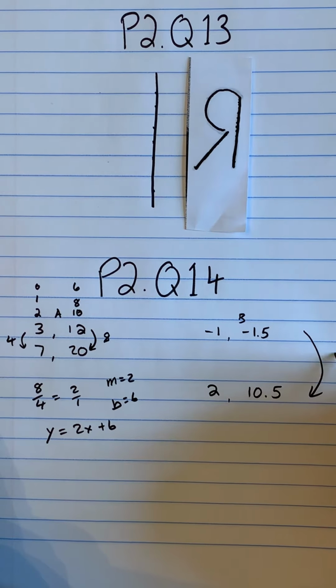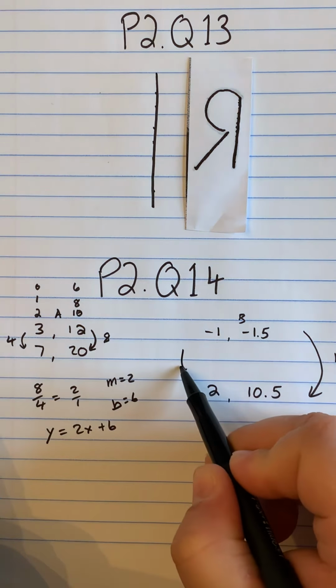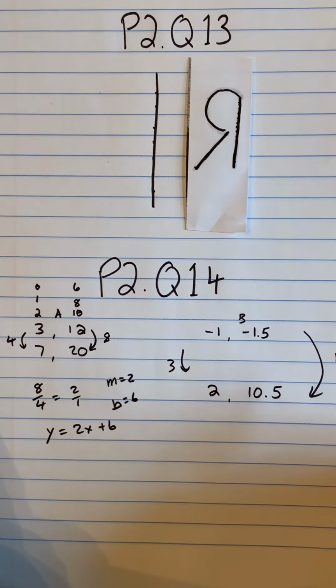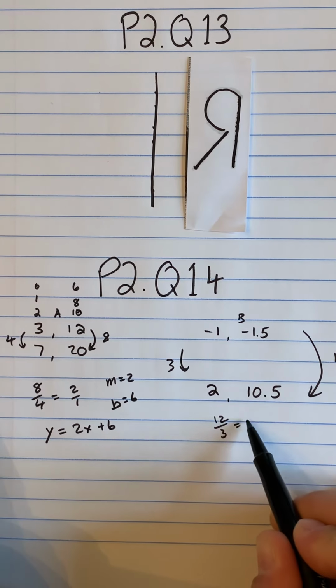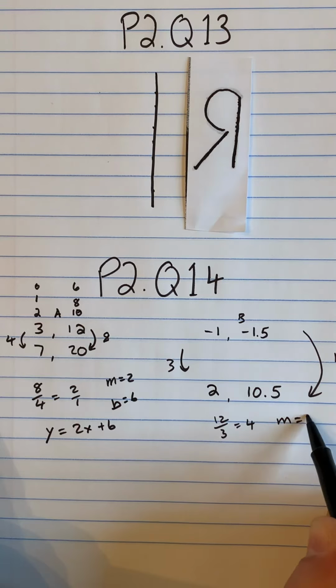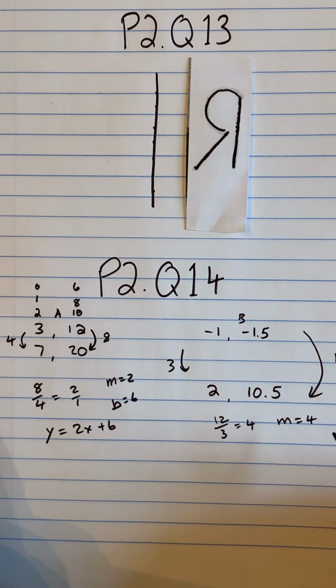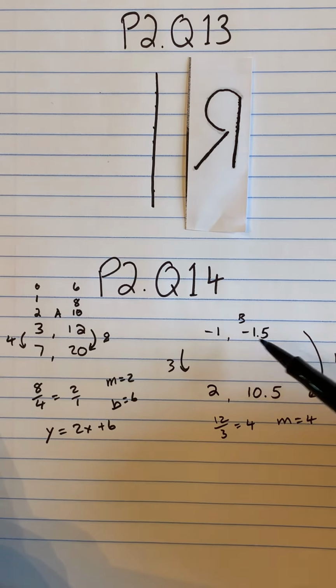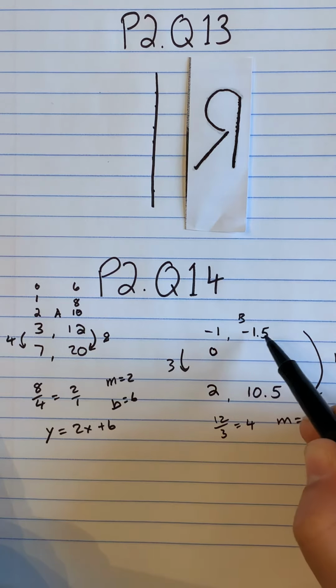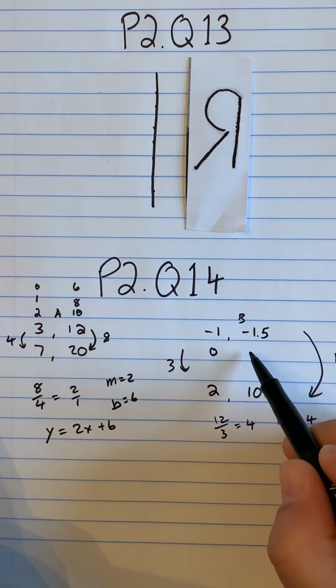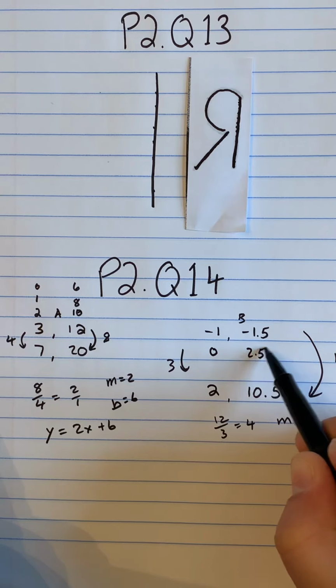Function b, if we look at our difference here, we get a difference of 12. Okay, and over here we have a difference of 3. Okay, and so 12 over 3 is 4, so m equals 4. Now that means as this moves 4, this will move 1. So if we move 1 up, that gets us to 0, and if we move 4 up, we get 2.5.